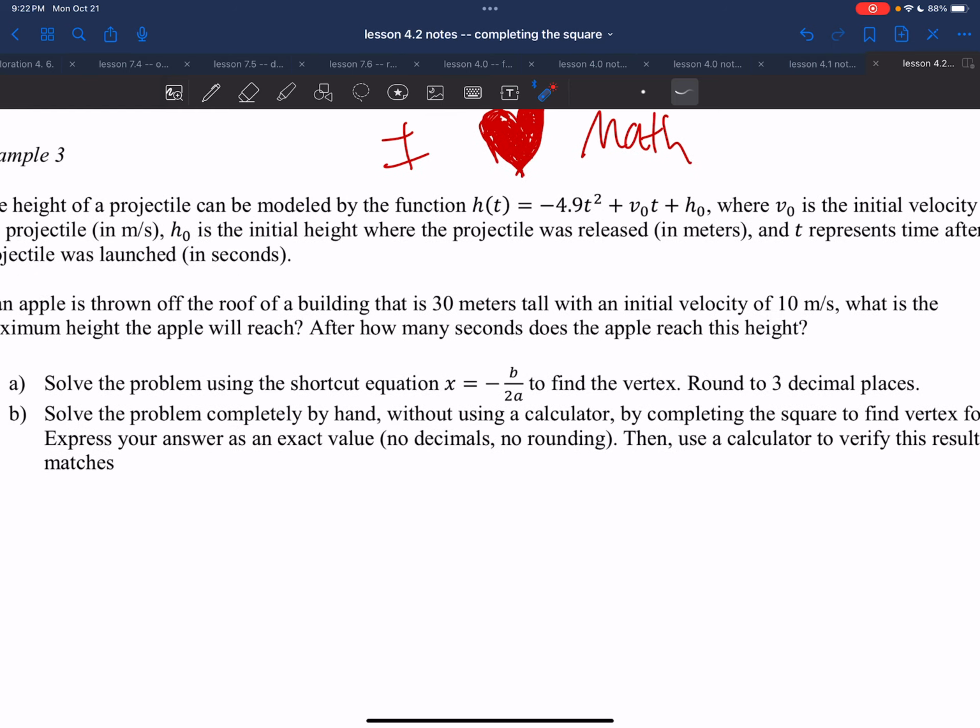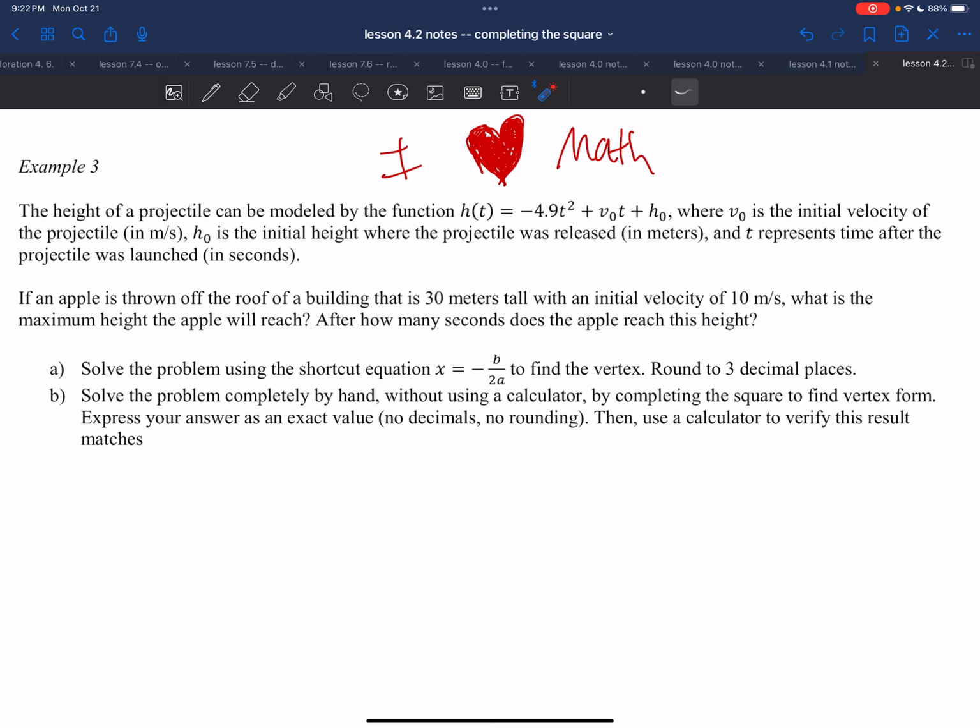And I guess this is the first time you guys are seeing this notation. This is read as h of t equals negative 4.9 t squared plus v naught t plus h naught. You might be asking, what is he saying? V sub 0.